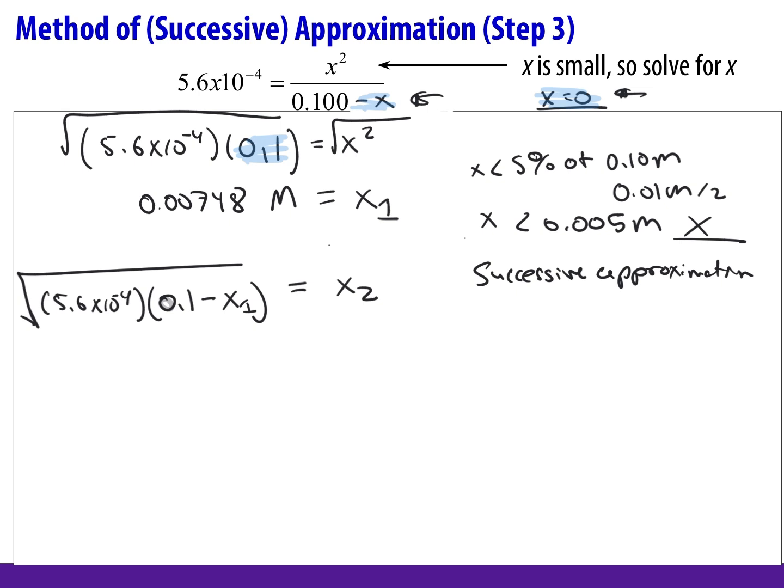Let's see, what did I do wrong there? Oh, 0.00748. And when I do that, I get my new value of x2 is equal to 0.00720.